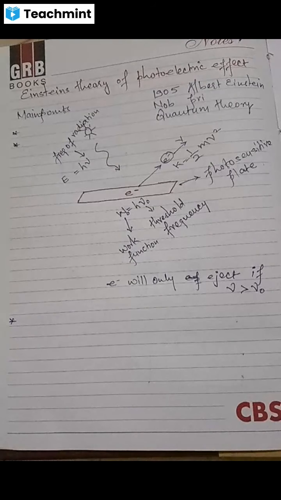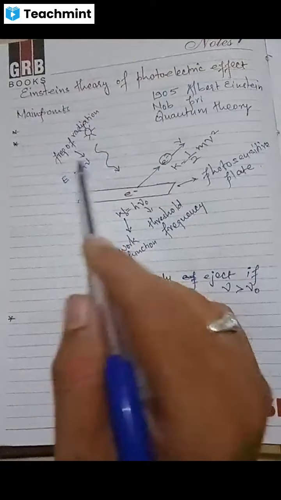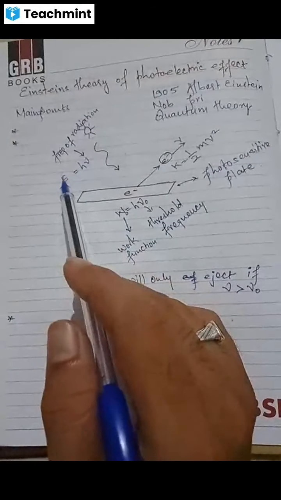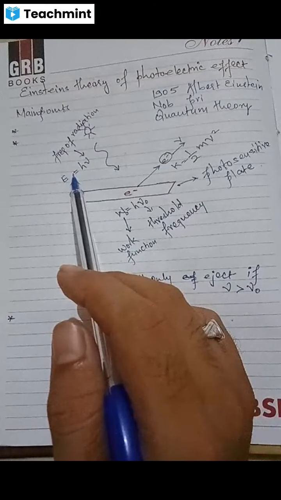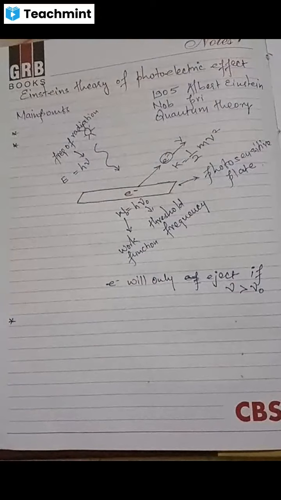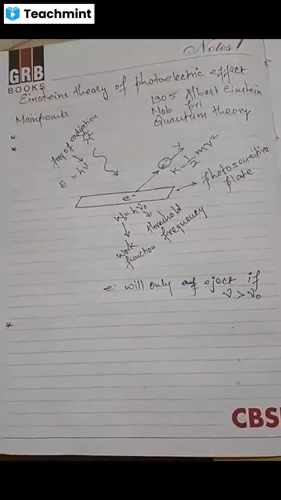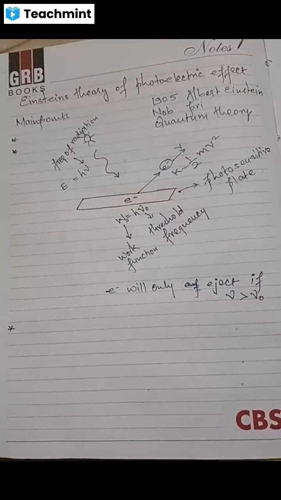The energy h nu, which is written in front of you in the diagram, the energy E equal to h nu of the incident photon is used up into two parts.